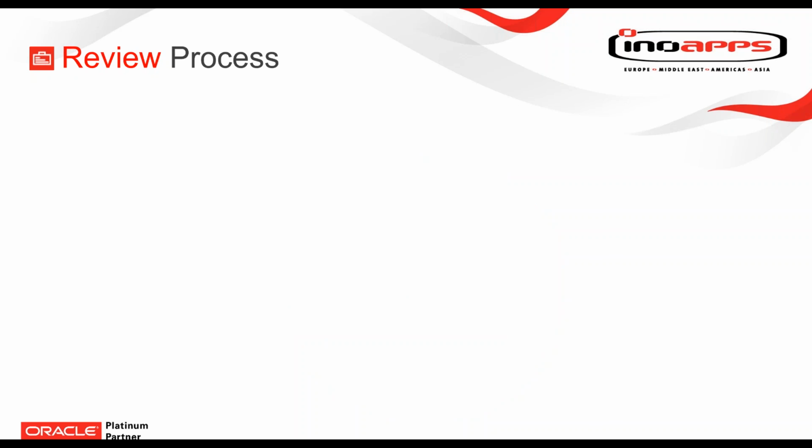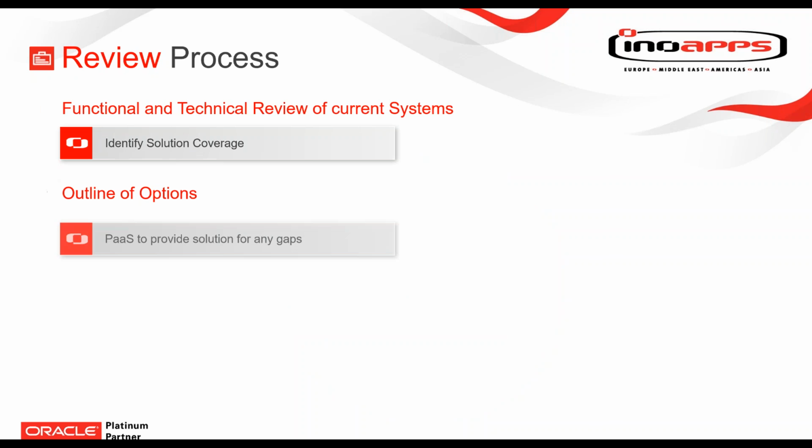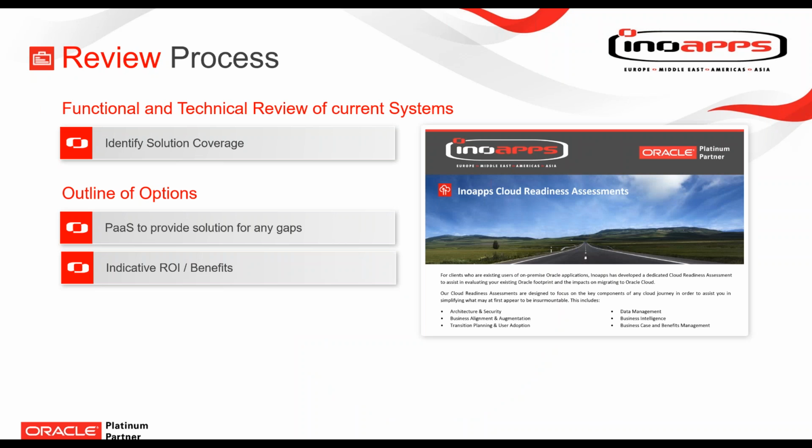One of the things you see customers doing is undertaking a review. So quite obviously in the new world in cloud, whilst the products are mature, there may well still be gaps in the solution where on-prem had a solution, had a product, or you integrated to a third-party product. Obviously in cloud you need to identify exactly what the solution is you're trying to achieve and identify what the coverage is of that solution.